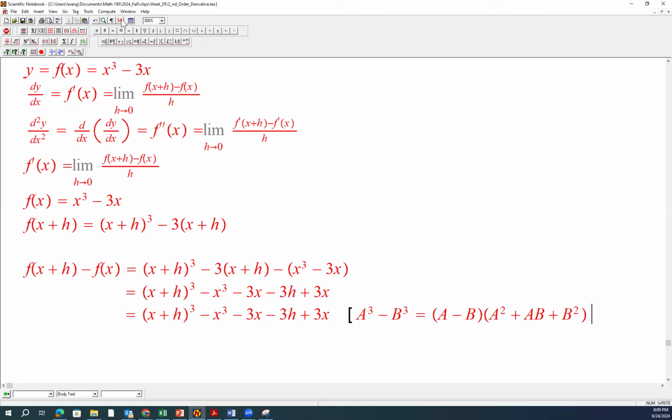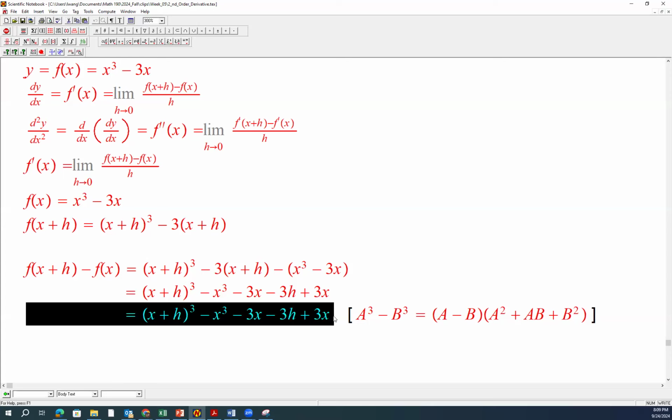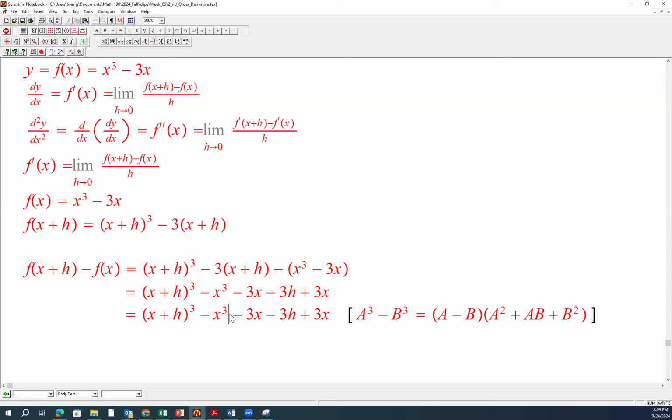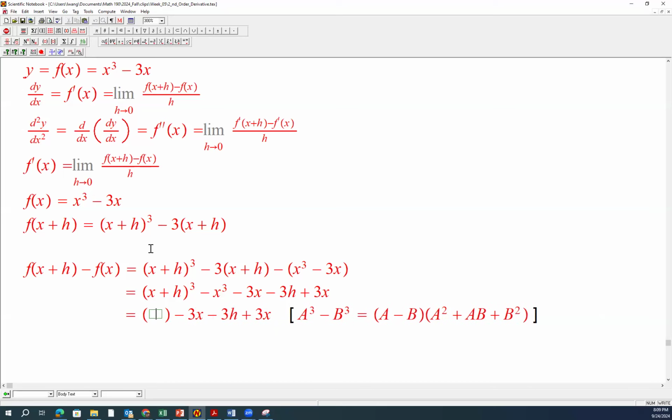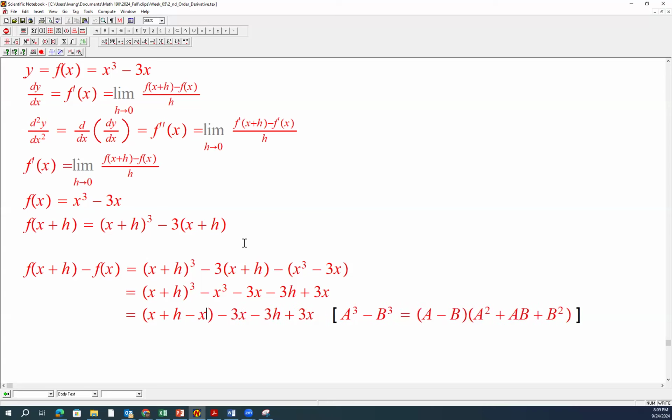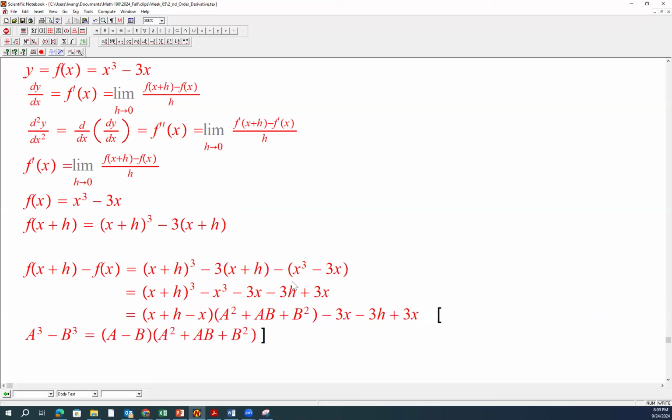Look it up or derive it and make some adjustment yourself, okay? These algebraic issues can be resolved. So what I'm going to do here, I'm going to apply this formula over here, okay? So I'm going to get a minus b, which is x plus h minus x, multiply this latter part, right? This latter part. So I'm going to put it right here.